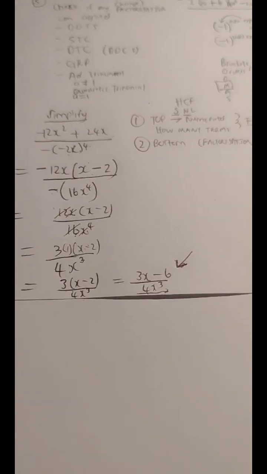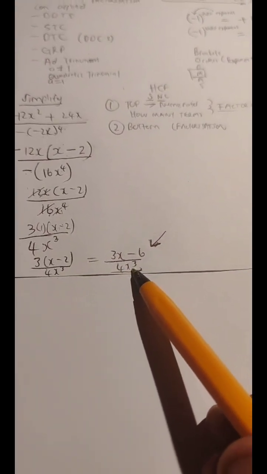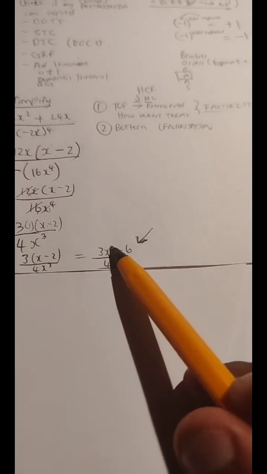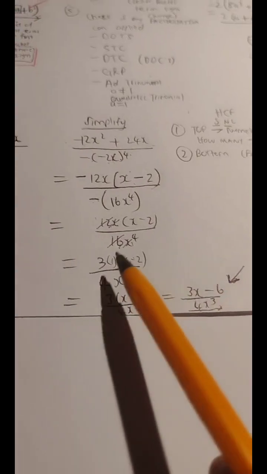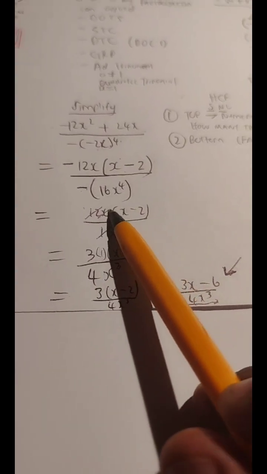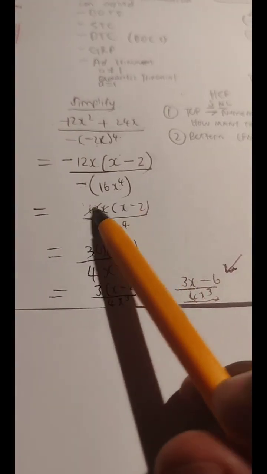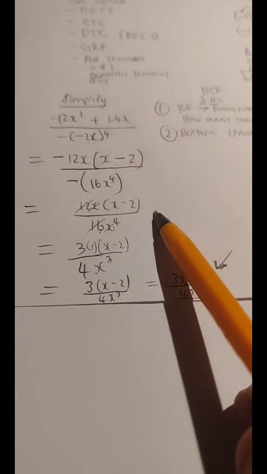We cannot cancel this x and this x because we do not cancel across an addition and a subtraction sign. We could cancel here with the x to the power 4 and the x because this x was outside the bracket and it had a relationship with the bracket of multiply.